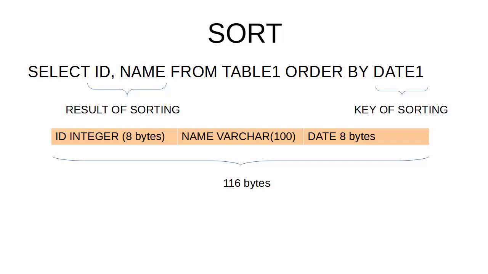In this example, ID is 8 bytes, name, let's say, is varchar 100 with some ANSI character set, and date is also 8 bytes. So in total it's 116 bytes.